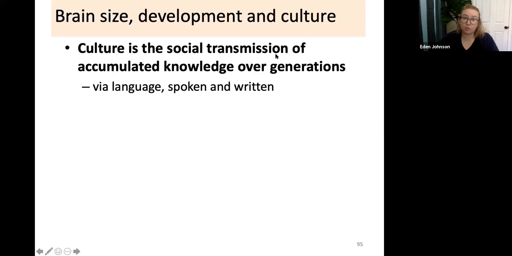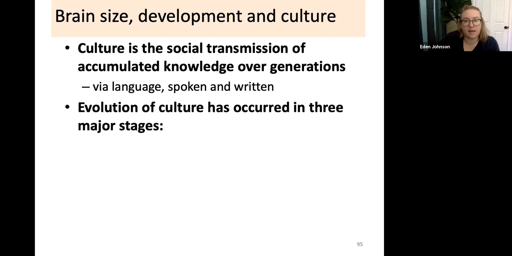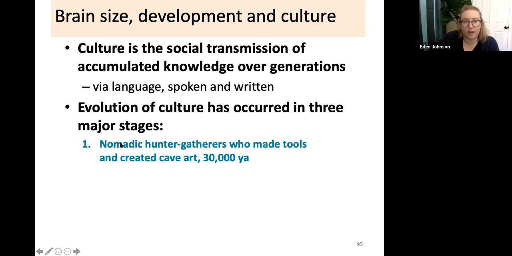So we know that culture was transmitted over generations through these different species of humans, via language, spoken and written language, via art, via tools, and things like that. So we've got three major stages of the evolution of culture. You've got nomadic hunter-gatherers who made tools and creative cave art 30,000 years ago.